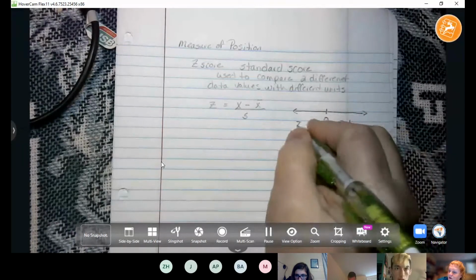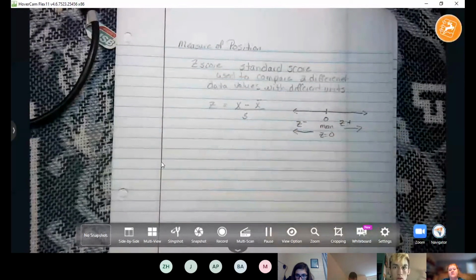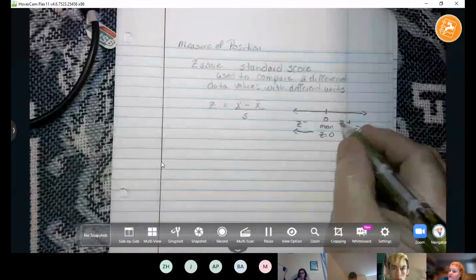If your Z-score is negative, then you are below the mean. So that's what you need to know about Z-scores. Z-scores that are positive, you are above the mean. Z-scores that are negative are below the mean. So that's the first thing that you need to know about interpreting Z-scores.